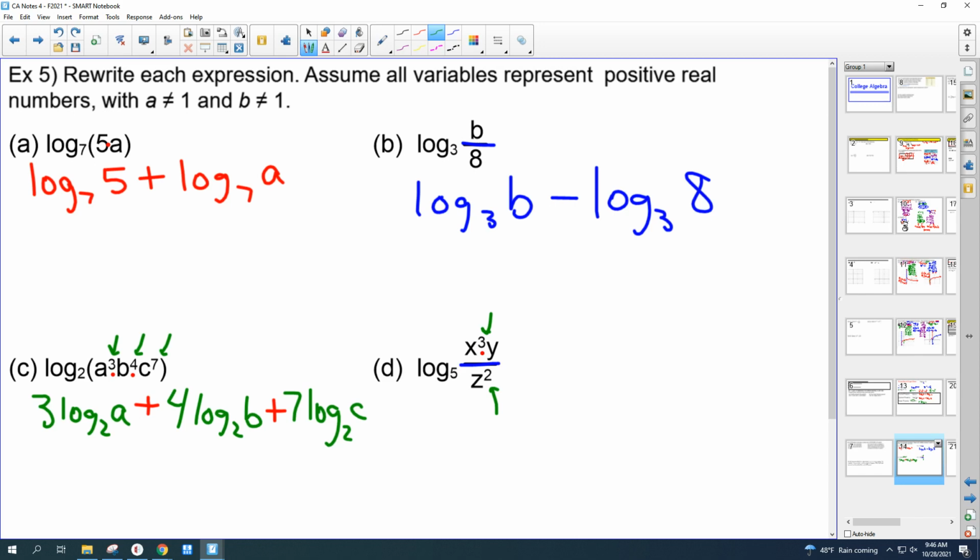I'm going to see 3 log base 5 of x plus, there's no power on that, so don't move anything forward. It's just going to have a log base 5 of y.